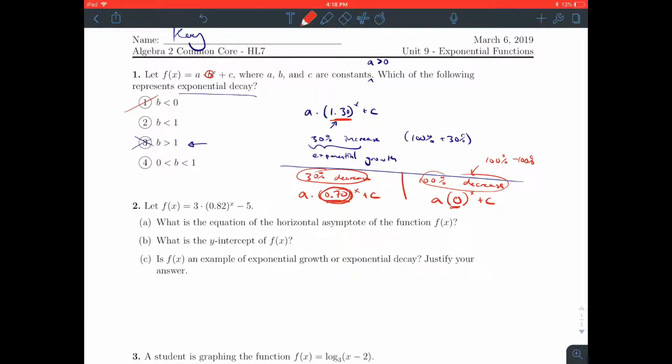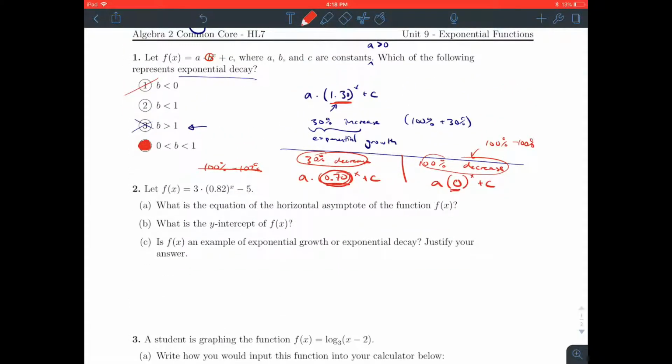It's impossible to get a negative number for b because you can't take 100% of what you have and lose 102%. So b values are restricted to being between 0 and 1. That's the correct answer for exponential decay. That was a little more wordy than I wanted it to be, but the most you can lose is 100%, so you can't have a b value less than 0.